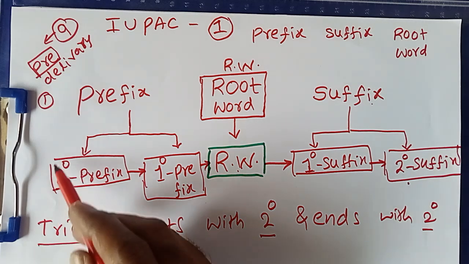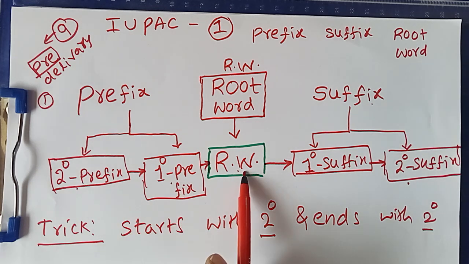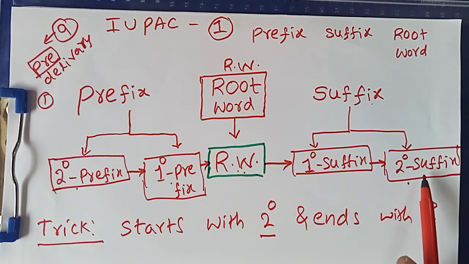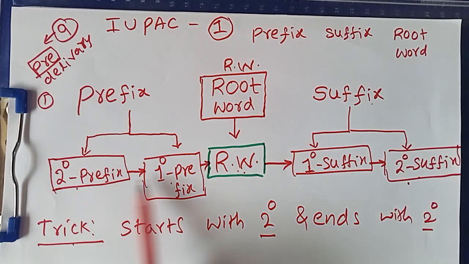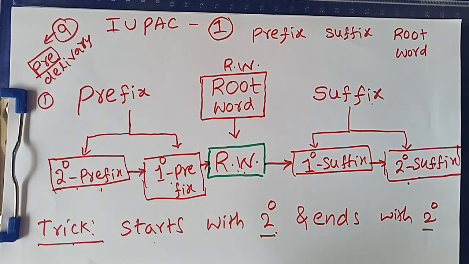Secondary, 2 degrees is the starting. This is the trick. That's why: secondary prefix, next primary prefix, root word, primary suffix, secondary suffix. End means secondary suffix, start means secondary prefix.